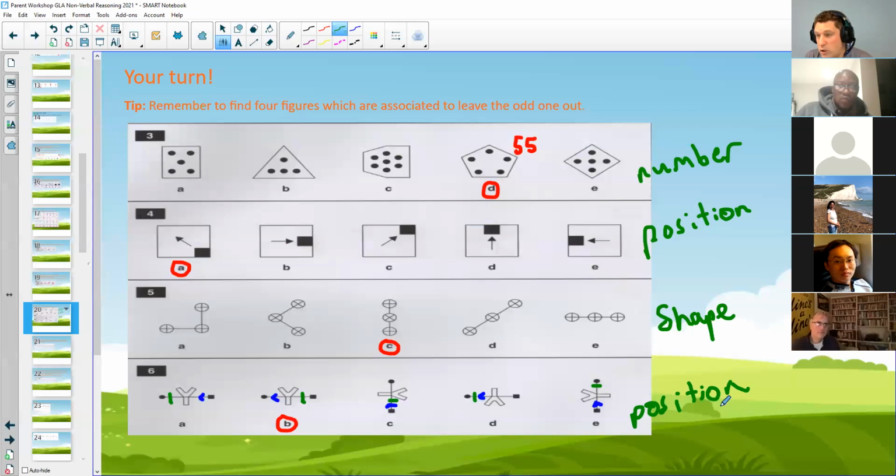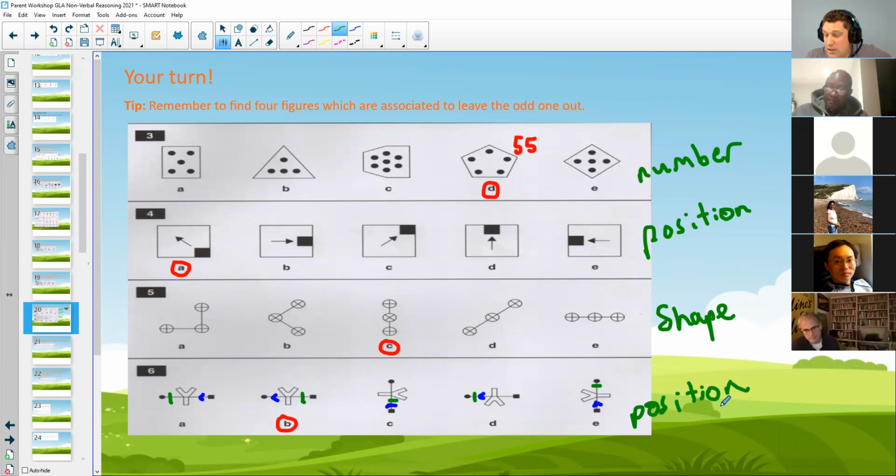So if you haven't thought of doing that before, that can be a really good exercise, particularly for those year 5 children in the summer months when they're revising and going back over questions that they've already done. Get them to think about which part of their mnemonic they've actually applied.